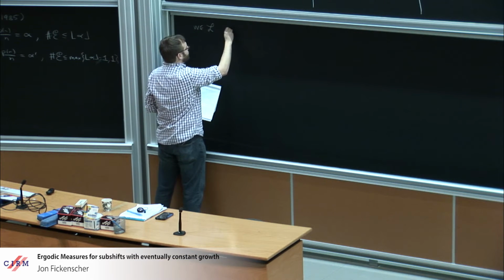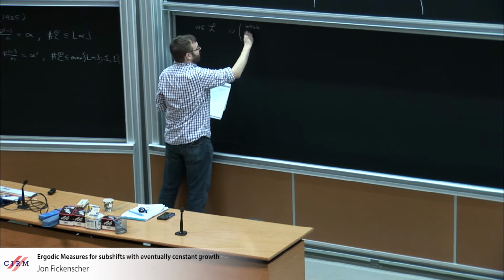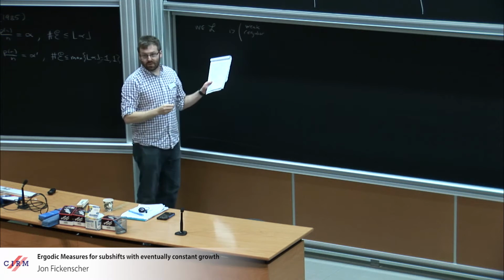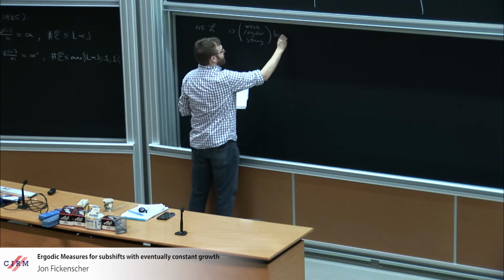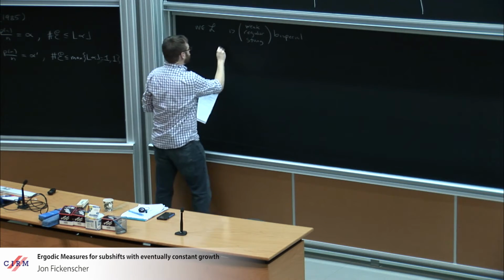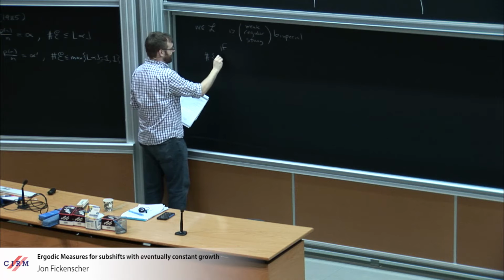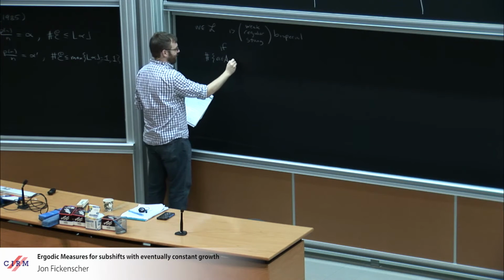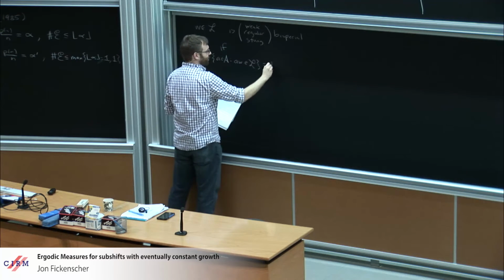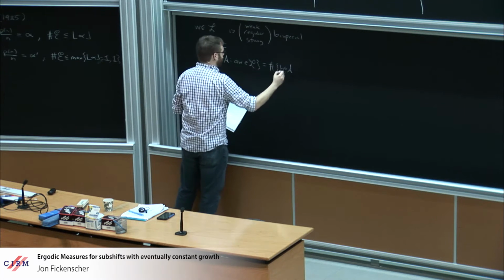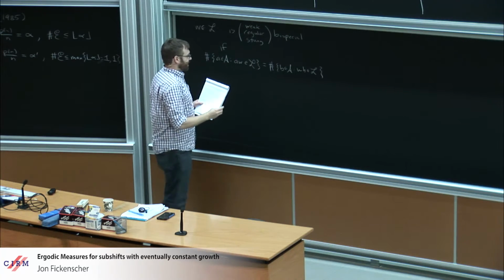A word in the language is, and I'll use 3 different terms here, weak, regular, which in all fairness should be called ordinary, and strong bispecial if the following two things occur. If we look at the number of left extensions, so letters in our alphabet such that when I extend a word to the left, it's in the language, and I'll use a different letter for notation purposes, and the same for right extensions, each of these for us will actually be 2.